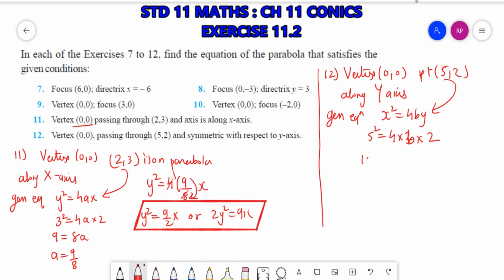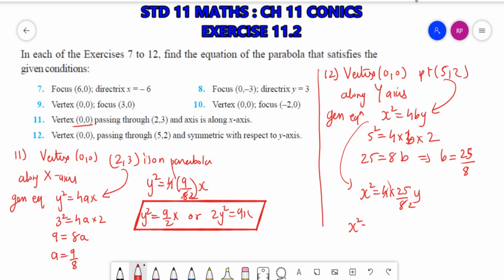So 25 equal to 8b. So what does that mean? b is equal to 25 by 8. Now putting this value of b in the general equation, x square equal to 4 into 25 by 8 y. 4 ones are 4, twos are.